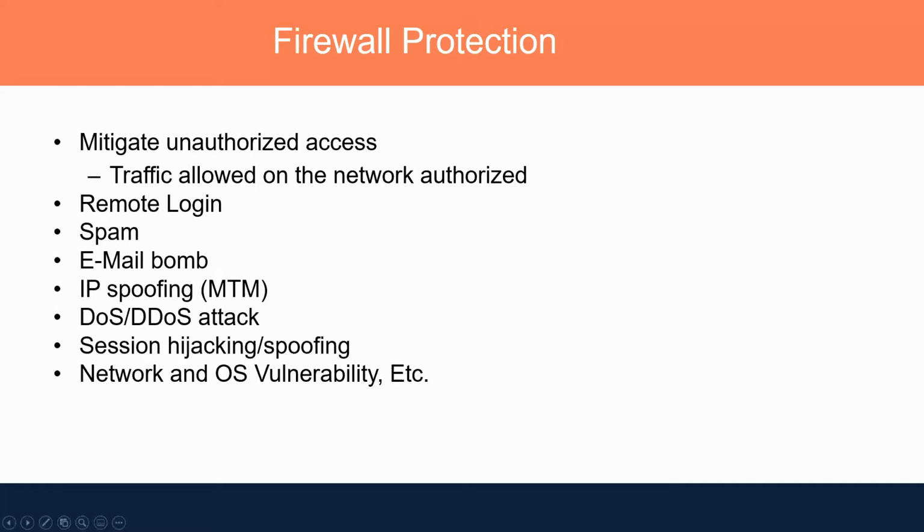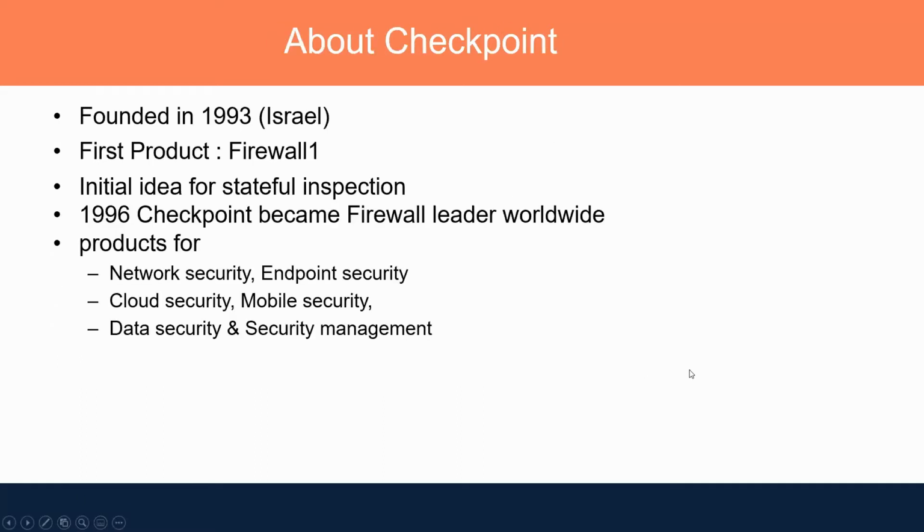Now, coming to the history of Checkpoint Firewall. It is an Israel-based company, founded in 1993. Its first product was FireWall-1, and the initial idea of stateful inspection was introduced by Checkpoint only.